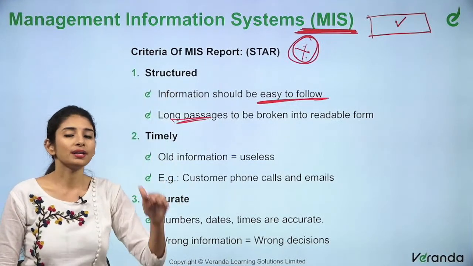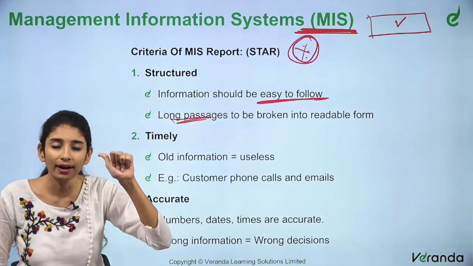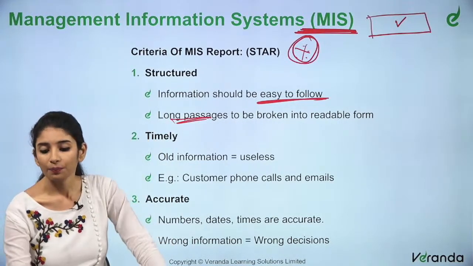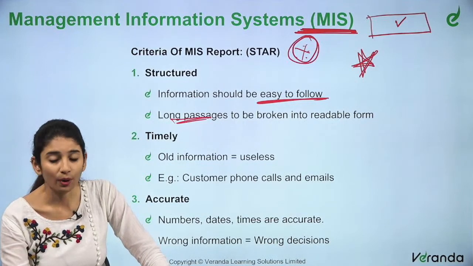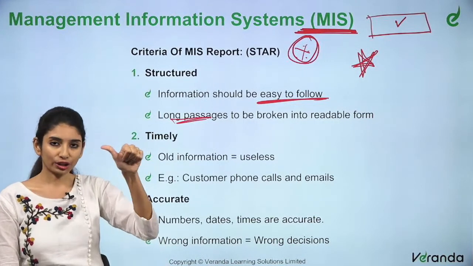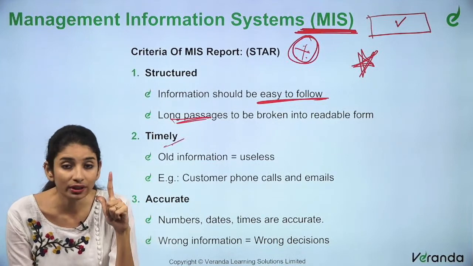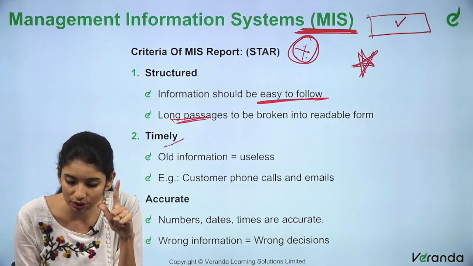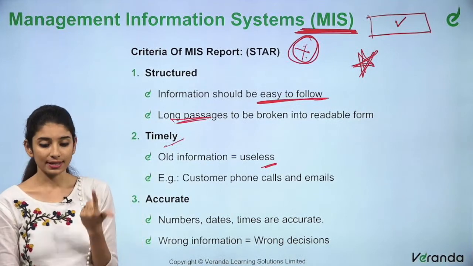So criteria of an MIS report: under criteria, STAR. A good MIS report is prepared by a STAR employee of the organization. S, structured. T for timely. Old information is pretty useless for anyone to take any decisions, so the information needs to be up to date.